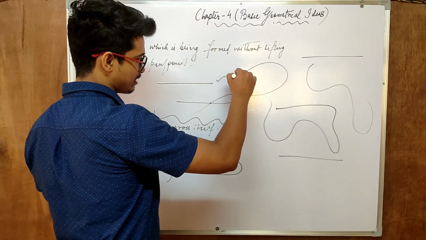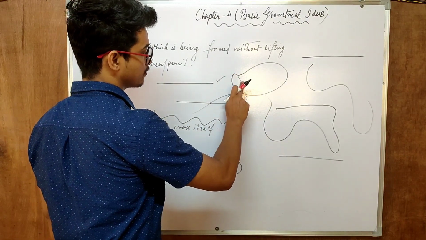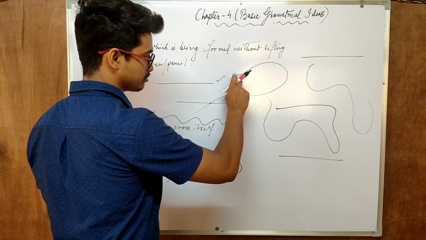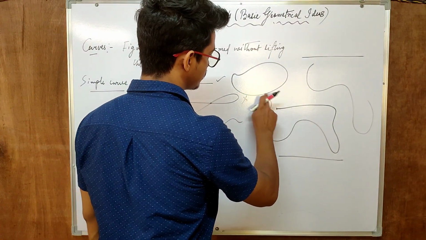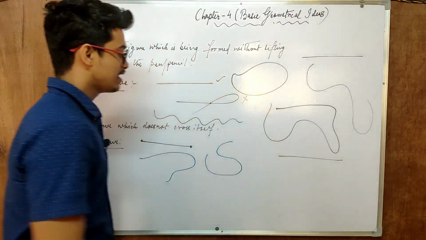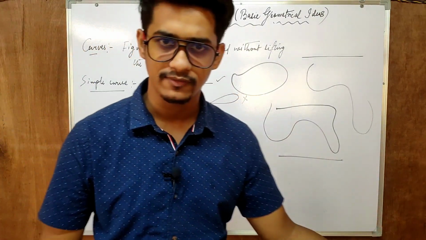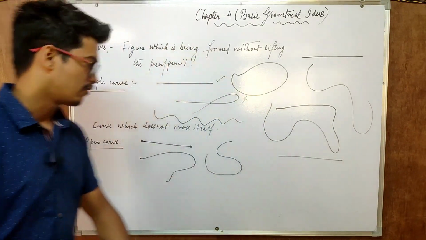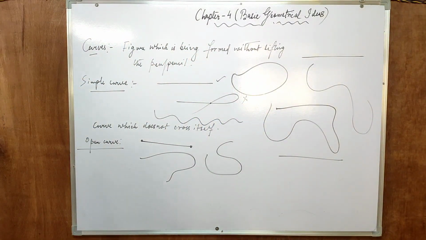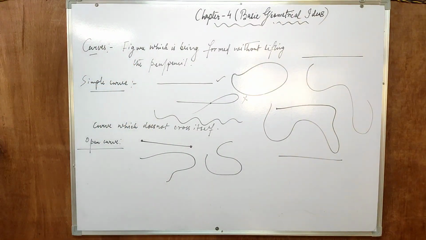If I make this part, then this is not a simple curve, but if I remove this part, then it becomes a simple curve. Is it clear to all of you? The starting point and ending point make some difference. A curve is simple when it doesn't cross itself, and when the starting point and ending point are different, it is called an open curve.